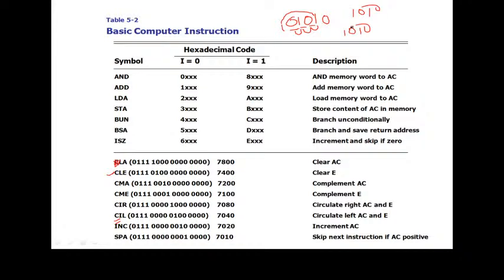Another thing is increment. What is incrementing? Incrementing is simply incrementing. But what is to be incremented? Here, for everything, there is only one operand. For all the register reference instructions, the default operand will always be the accumulator, whether CIR, CIL, CLA, CLE, or CMA. The one and only operand on which the operation gets performed is the accumulator.